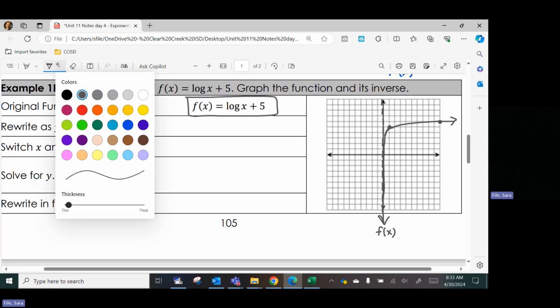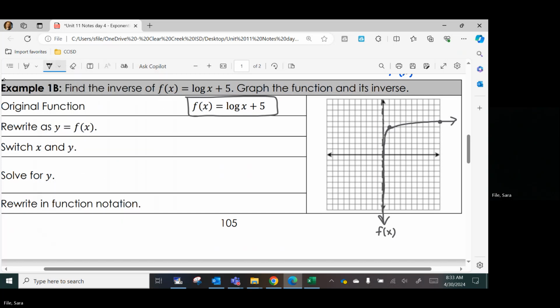So now we're going to find the inverse and then graph it. So first I'm going to replace f of x with y. And I'm going to switch x and y. Now I'm going to solve for y.